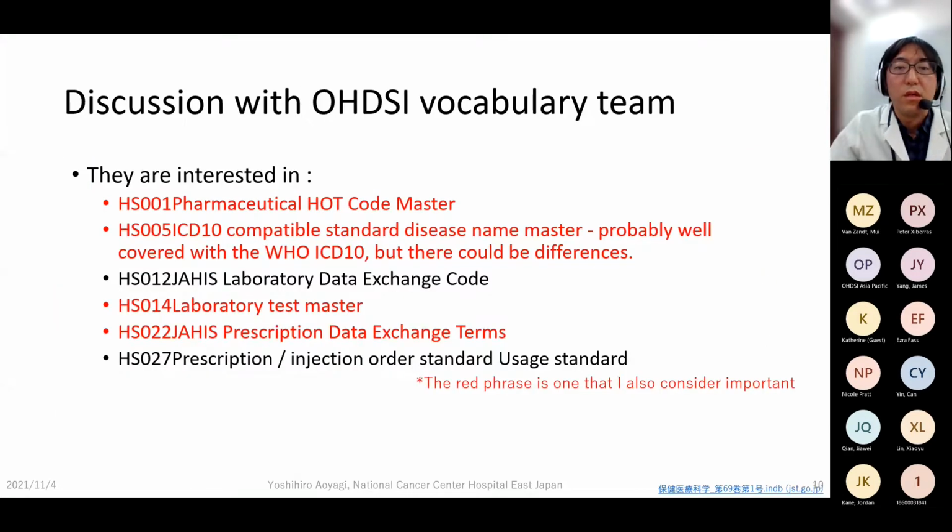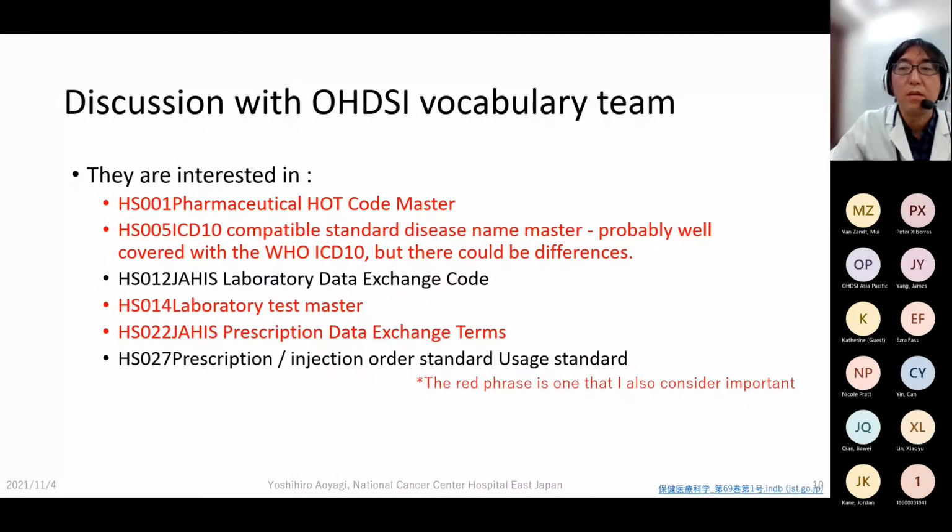This slide shows an example of standard codes from the MHLW in Japan. The vocabulary team is interested in these codes, so I want to register them on OHDSI. But these codes are not fully utilized in Japan. Some say using these codes is unrealistic.